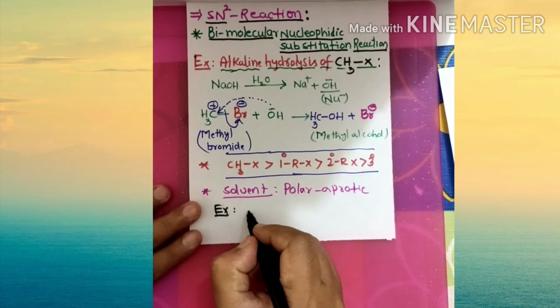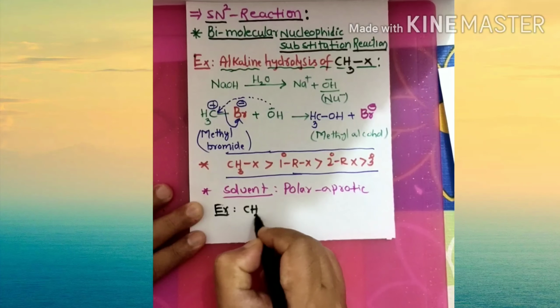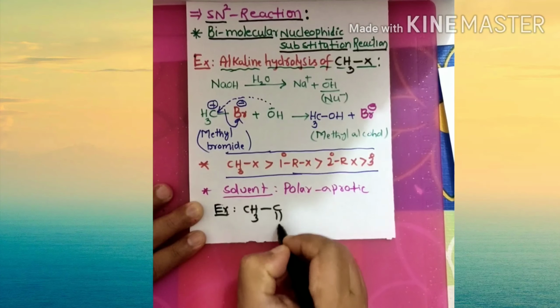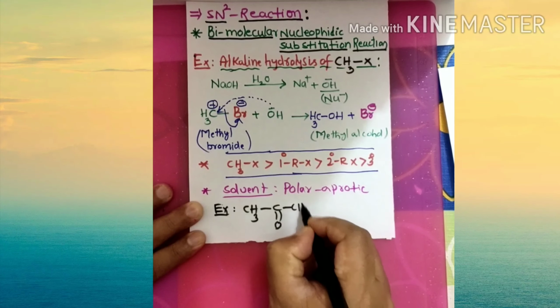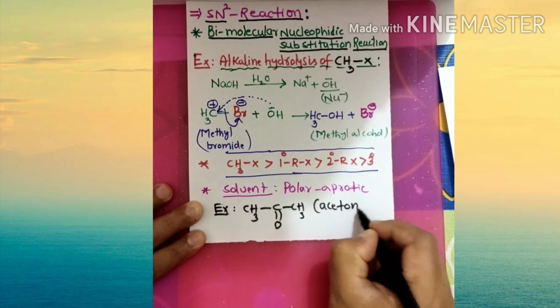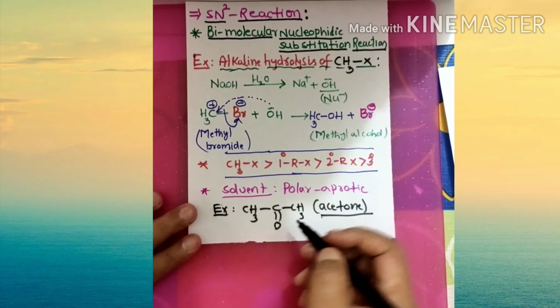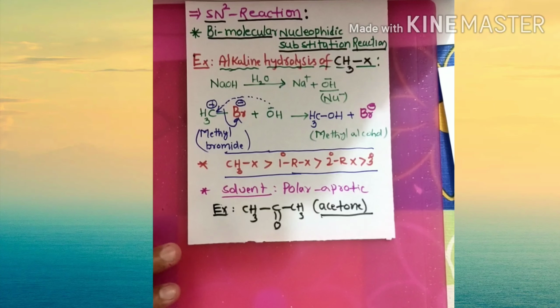For example, one which is polar but can't donate H plus. CH3, C double bond O, CH3. This we are calling acetone. Acetone can't donate H plus. That's why it is polar aprotic. SN1 is polar protic. SN2 is polar aprotic.